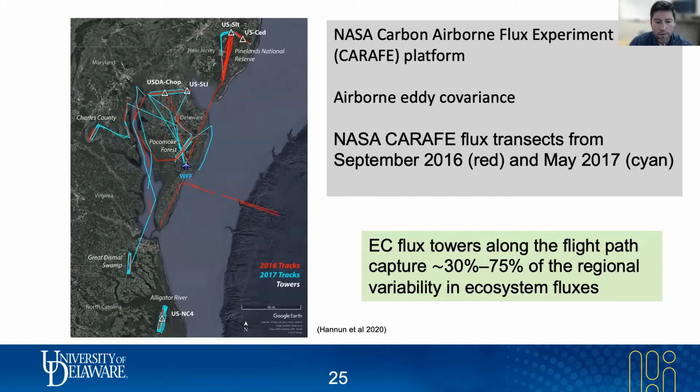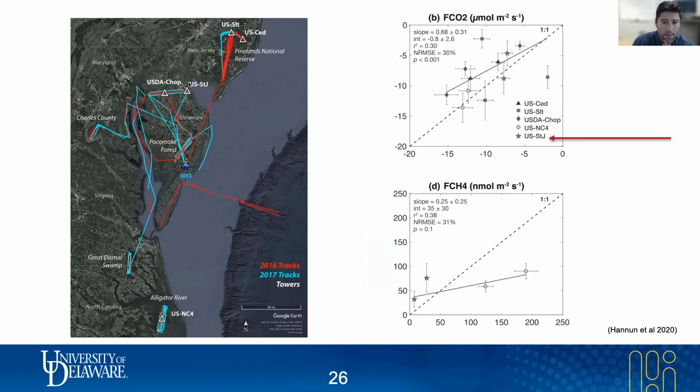One of the main results is that the eddy covariance towers capture about 30 to 70% of the regional variability of the fluxes. That's pretty good. So this gives information that if we have a network of towers, we may have good information about the regional variability that can be corroborated with airborne measurements.